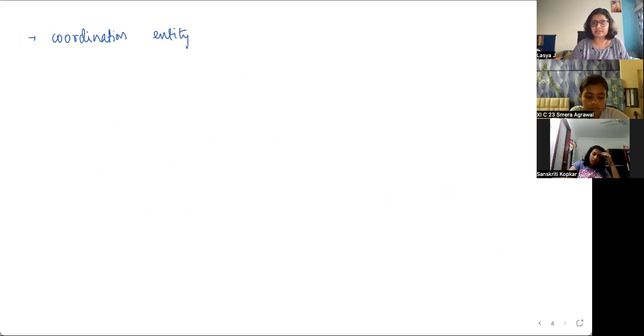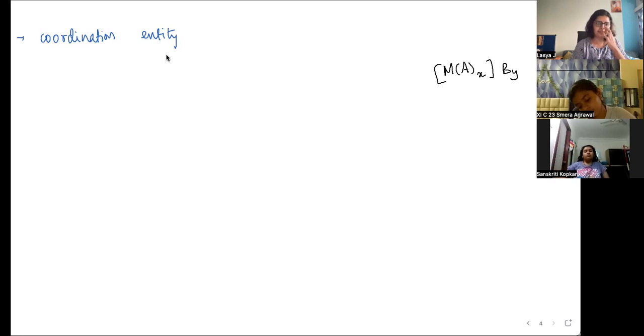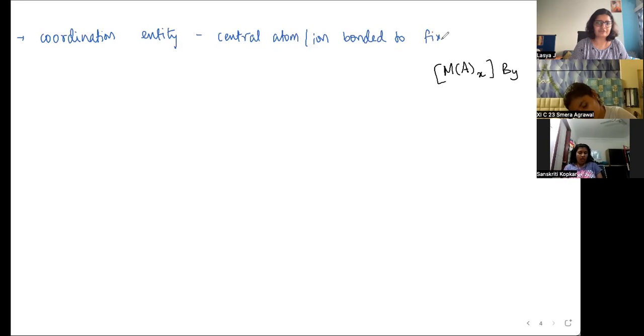So I'm just going to write down a basic coordination compound. Suppose we have a metal atom M and any random ligand A taken x times, and then you have B y. The coordination entity is the central atom, which is M in this case, the metal atom or ion, which is bonded to a fixed number of ions or molecules.